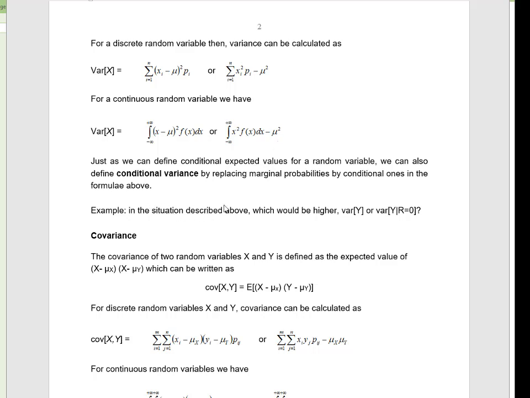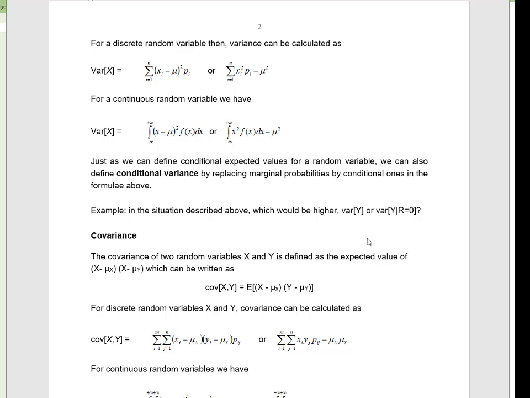So to make it concrete again, in the situation above where we've got rain-fed agriculture, which would be higher, the variance of yields or the variance of yields given the information that rainfall that year was 0? So just think to yourself for a second, pause the video and think, which should be highest? Variance of y, yields, or variance of yields given that rainfall was 0?